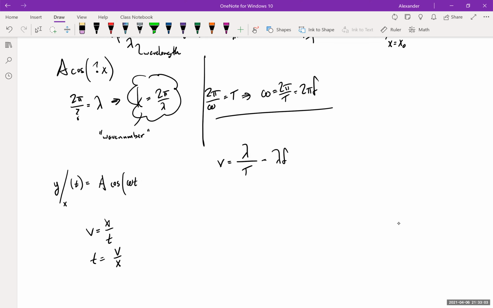So it's not just t, but what time is it now, and how much time did we spend getting from the source to here? Because that's how far we have to look backwards to get the current value of the function.